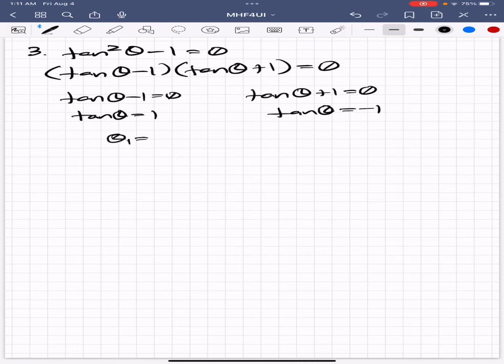So theta 1 is going to be 45 degrees. And then theta 2 is just 180 plus 45, which is 225.